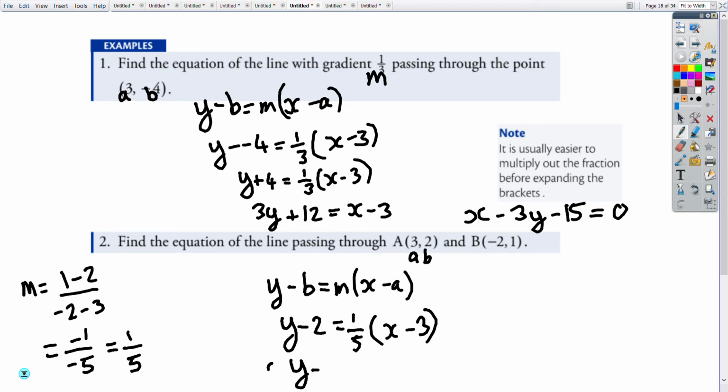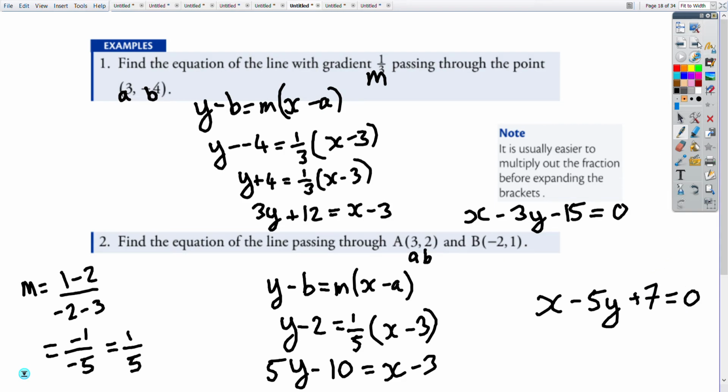So 5y minus 10 equals x minus 3. And then rearrange it so that x is positive, so it becomes x minus 5y plus 7 equals 0.